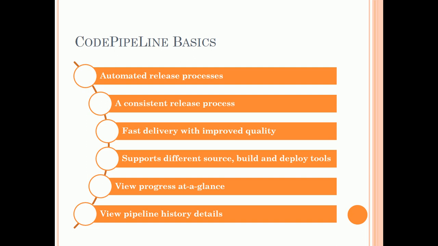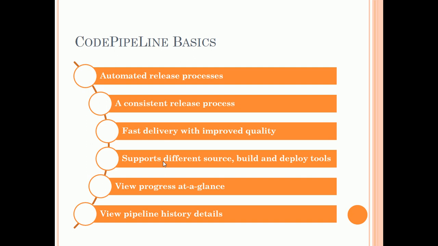The third advantage is fast delivery with improved quality. Testing and releasing the code incrementally is possible, which makes the delivery faster with greater quality. The fourth benefit AWS Code Pipeline provides is that it supports different source, build, and deploy tools. It also supports third-party tools.